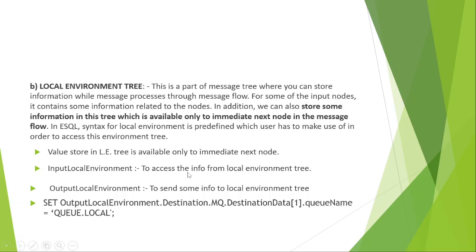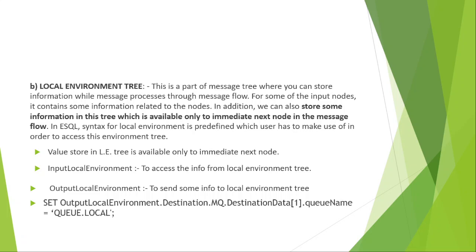So that's the thing about the local environment tree. To give you a brief summary, the local environment tree is a part of the logical tree, and we use it to store some information that is available only to the immediate next node.